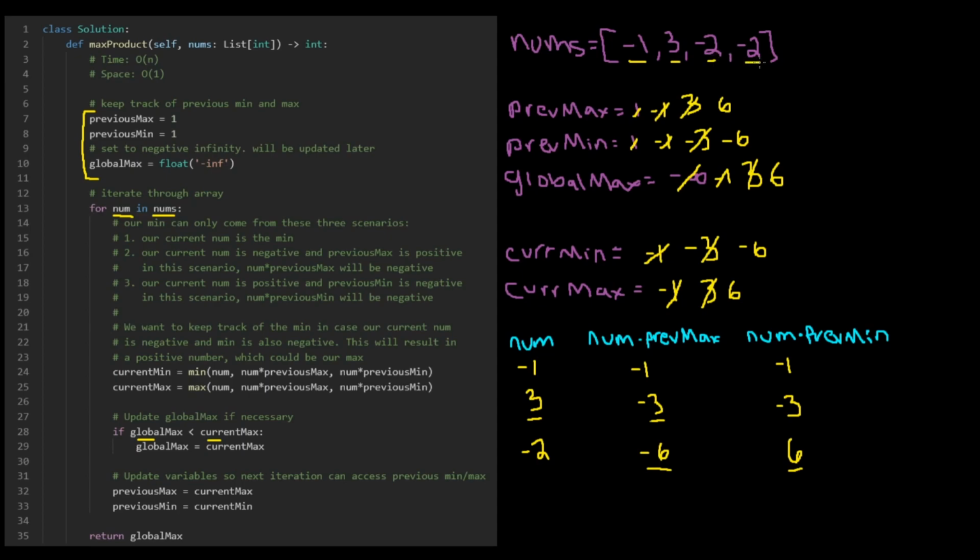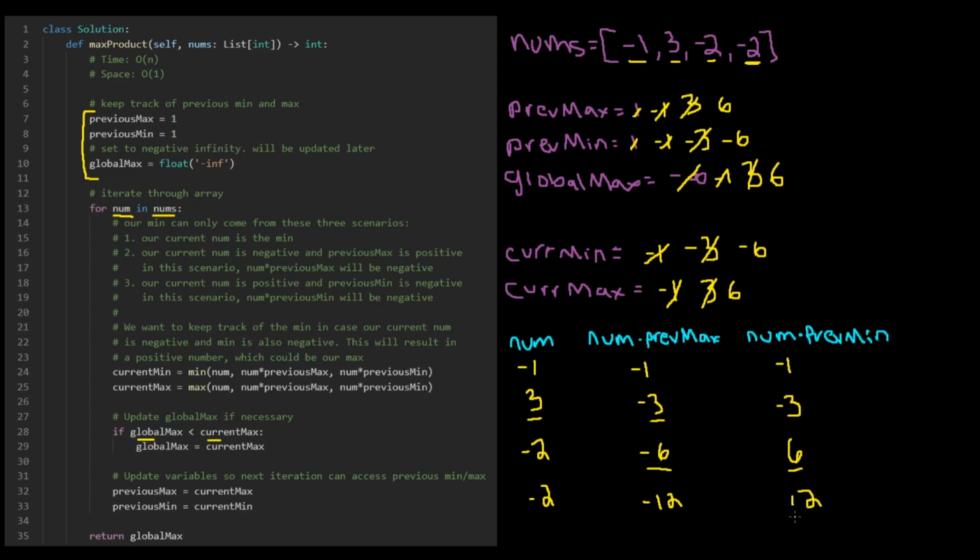So now we go to the last number here, -2 again. So -2, and then -2 times our previous max is -2 times 6, so -12, and -2 times our previous min is going to be +12.